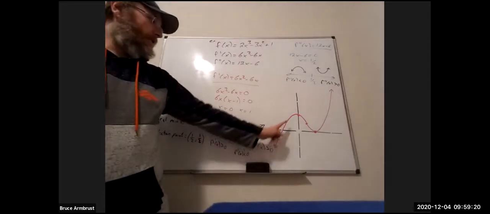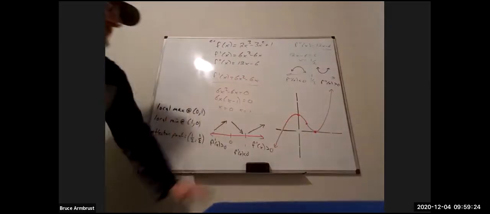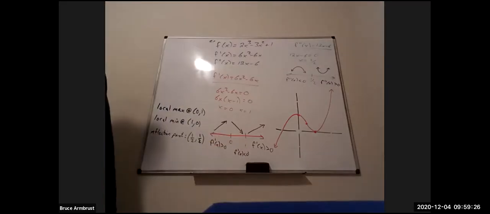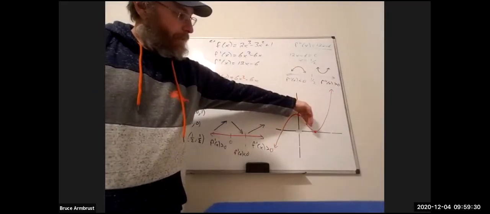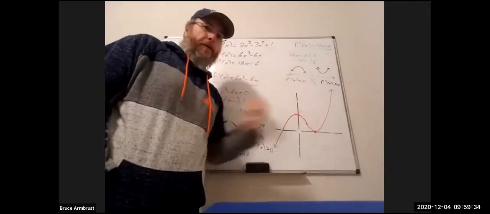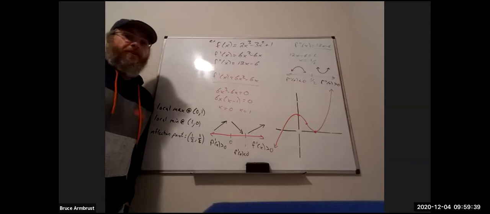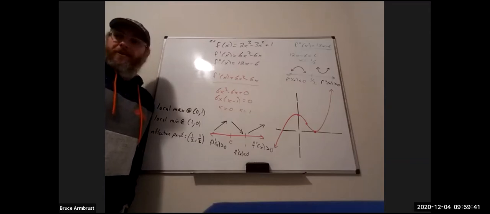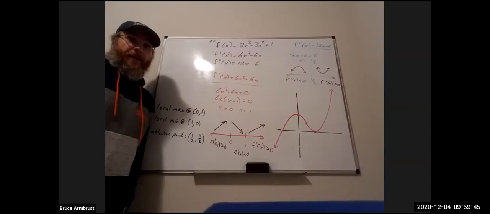We're increasing to 0, decreasing to 1, and then increasing again. Okay, first derivative. Second derivative, concave down until 1/2. And then at 1/2, it becomes concave up. So punch this into your graphing calculator or Desmos or something, and you're going to see it looks a lot like that.